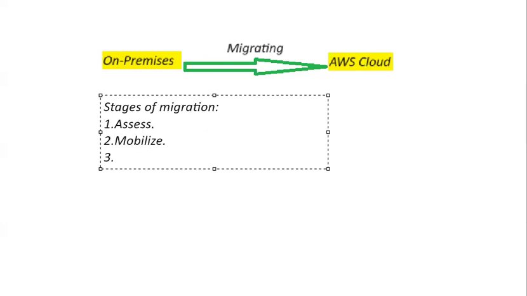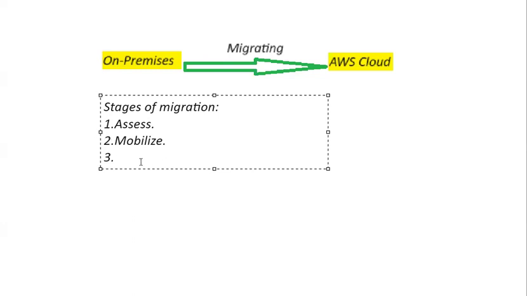In the assess stage, we collect the information and build the plan. In the mobilize stage, we build our AWS infrastructure, whether it is permissions, roles, users, organizational units or associations, and whatever the underlying infrastructure is.